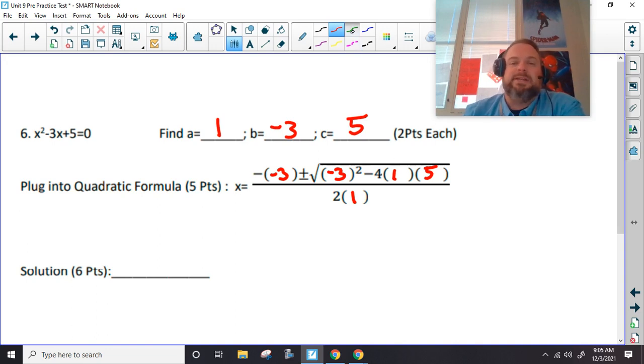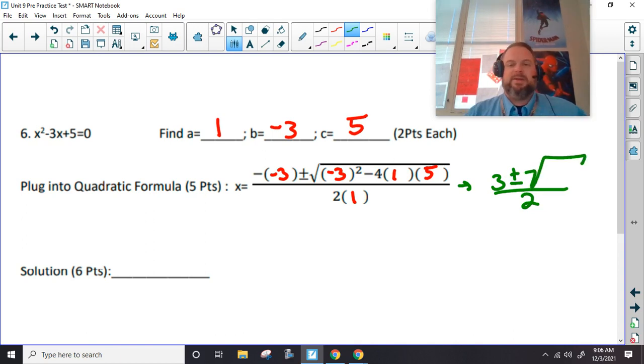Then we start cleaning it up. That's easy, that's just 2 on the bottom. This is a +3. We write our plus or minus. And then when we do the discriminant, which is everything underneath the square root, we get -11.